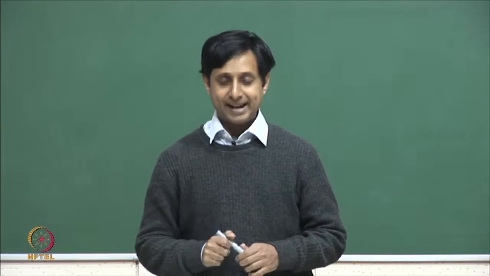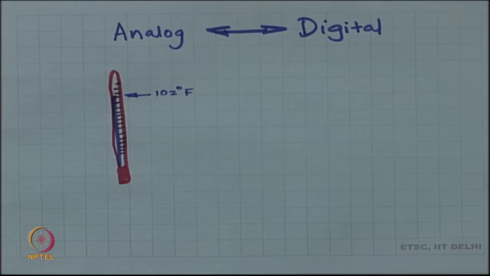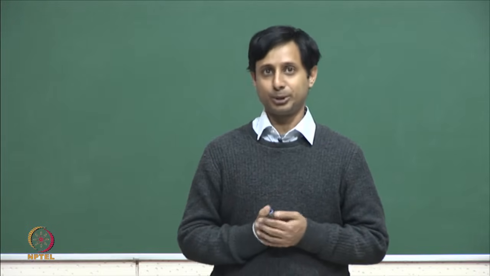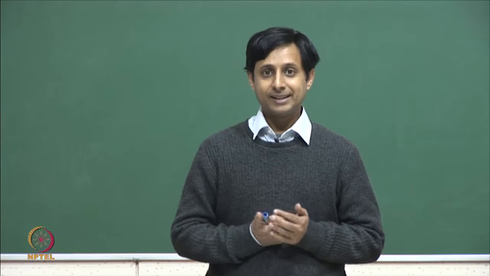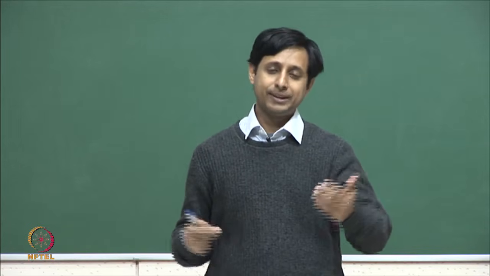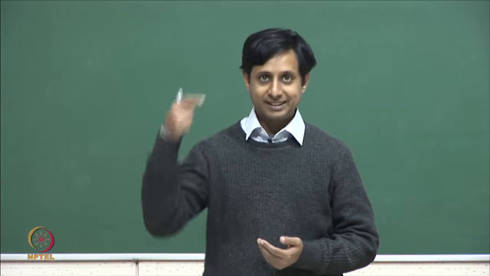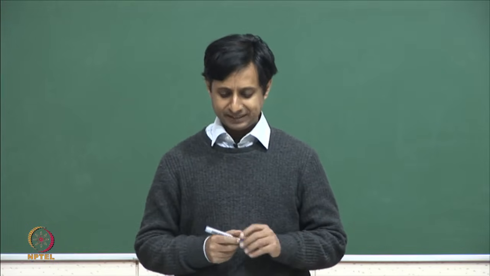Whereas in an analog system, this could have been slightly more, and it is up to you to make that reading. If you can read it as 102.25, then great. If you can't, it is your problem. So, an analog system naturally has precision, whereas the digital system is imprecise, it has discrete values. So, this is the basic difference.